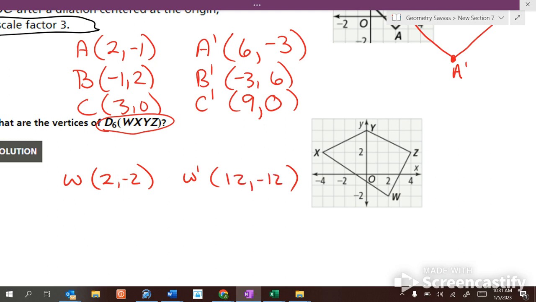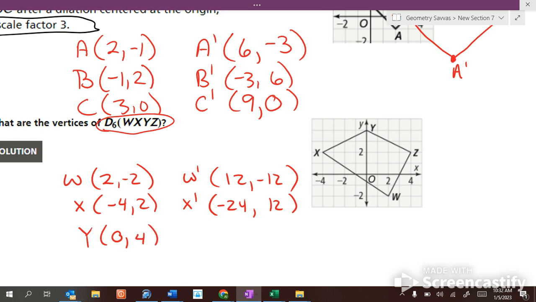(12, -12). All right, X is originally at (-4, 2). What's X prime? Where is X prime going to be, Brooklyn? (-24, 12). Y is at (0, 4).